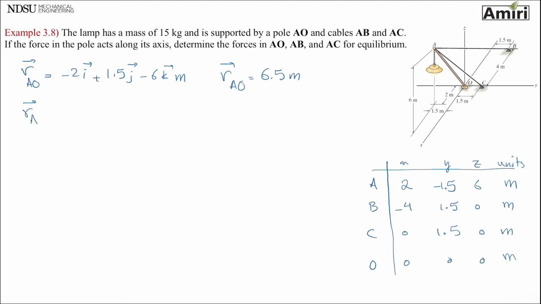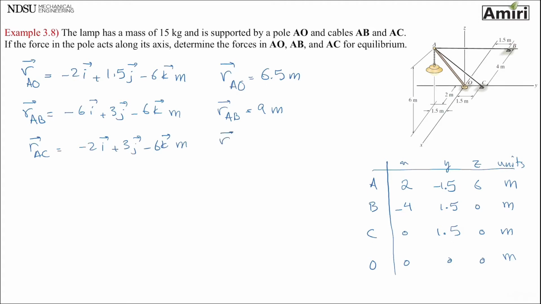Position vector AB, minus 6i, 3j, 6k meters. RAB equals 9 meters. RAC, minus 2i, 3j, 6k meters, and magnitude of it is 7 meters.